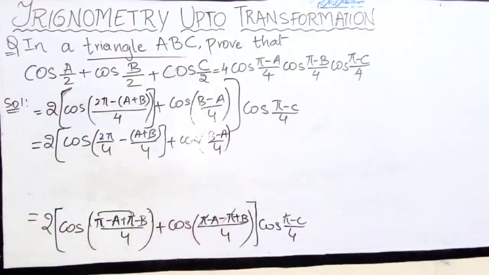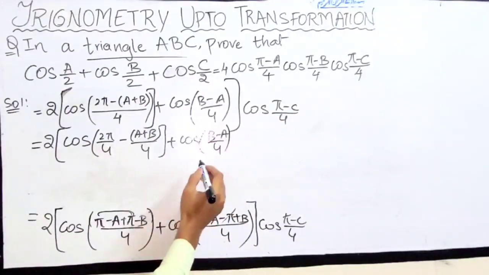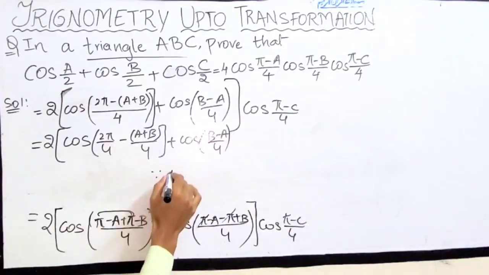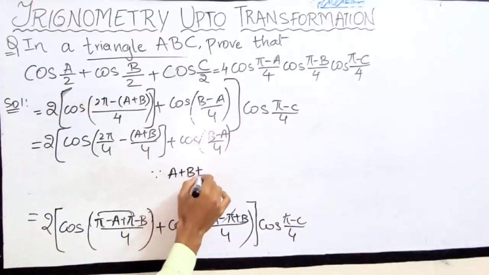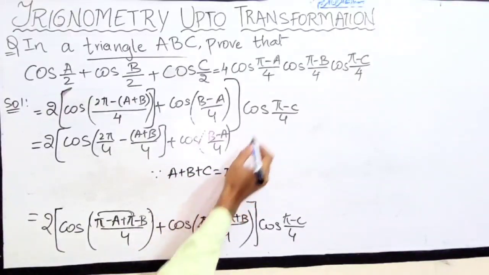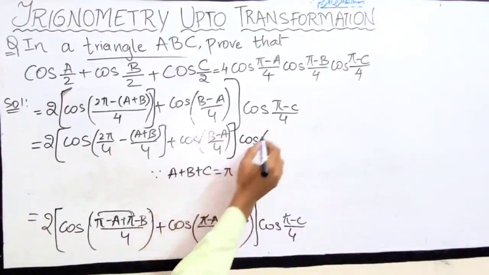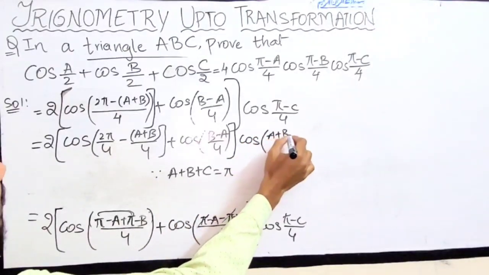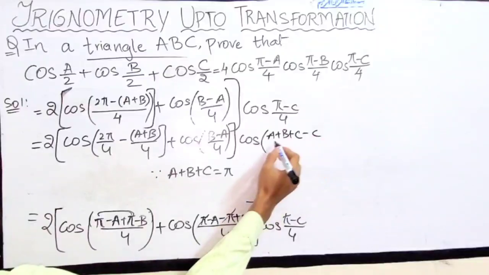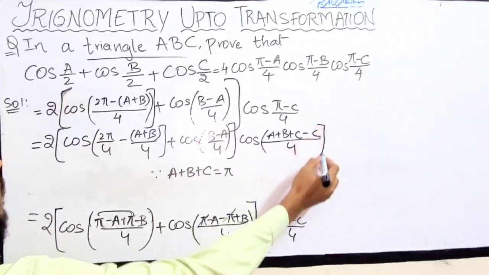As you know, you can solve this term. Instead of pi, what can we write? We know the formula here: a plus b plus c is equal to pi. So instead of pi, we can write cos of (a plus b plus c minus c) by 4.